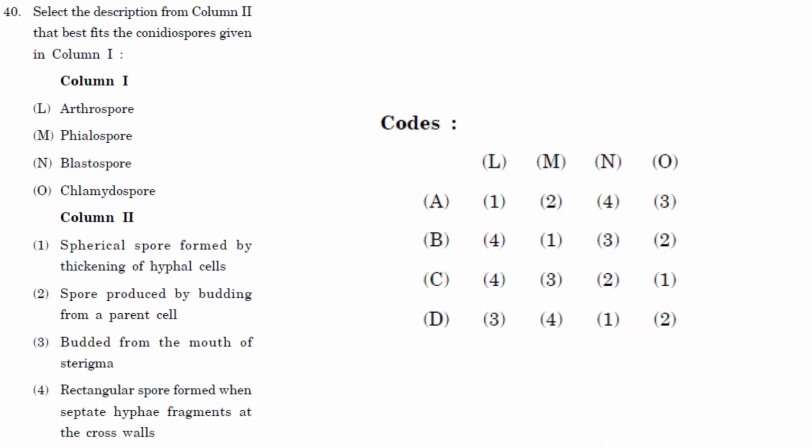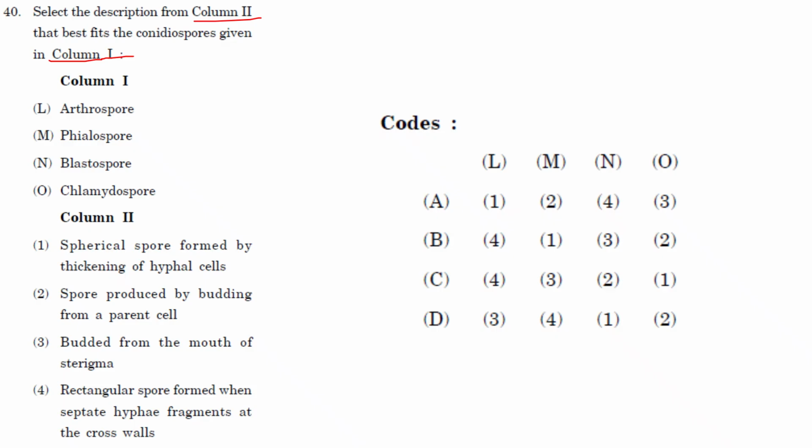Then comes the description from column 1 that best fits the conidiospores given in column 2, whereas the spores are given in column 1. So first one is arthrospore.